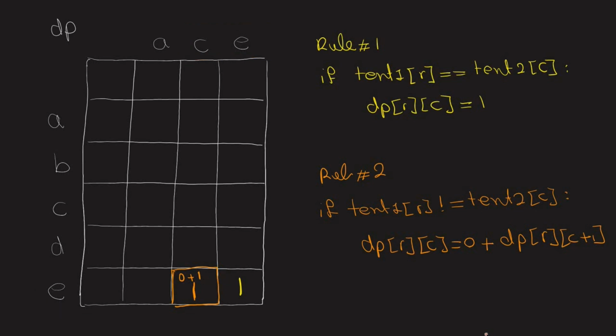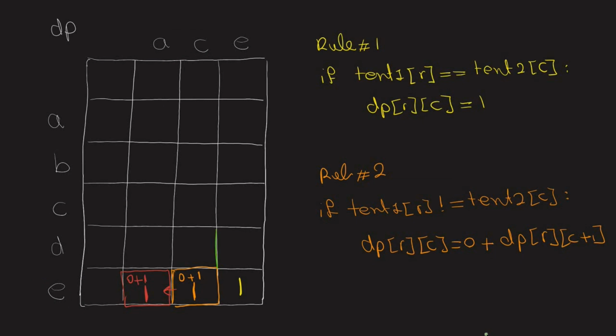Okay, let's continue with the other cell, this cell. Again, I'm comparing E to ACE. So according to the second rule, I put 0 plus, that it comes from the right side. I already know the common substring between E and C is 1. So I use that from the right side. So I put it here. So it's gonna be 1 here. So far this formula works for this cell as well.